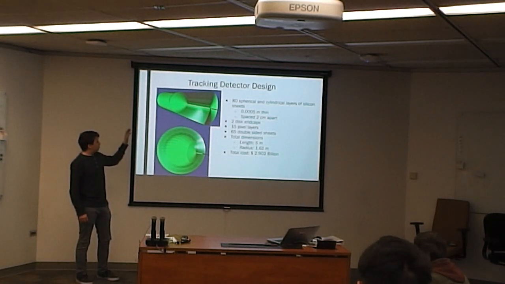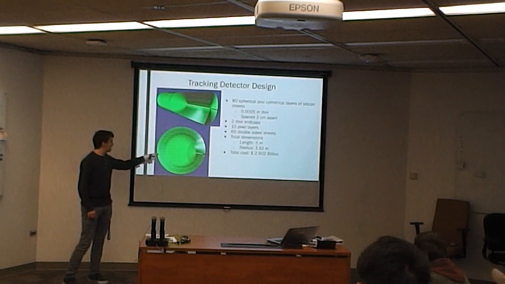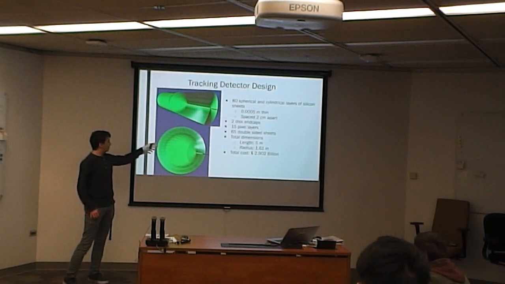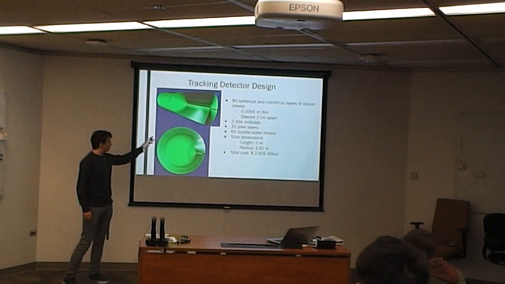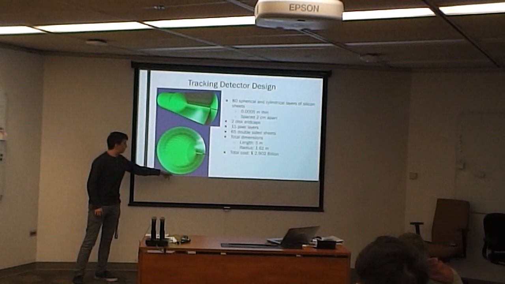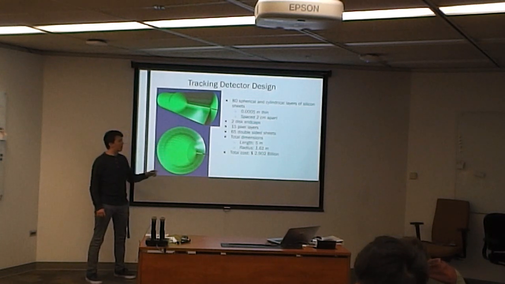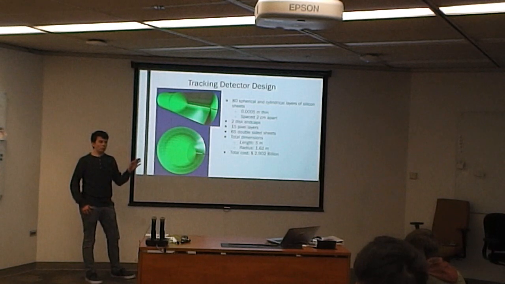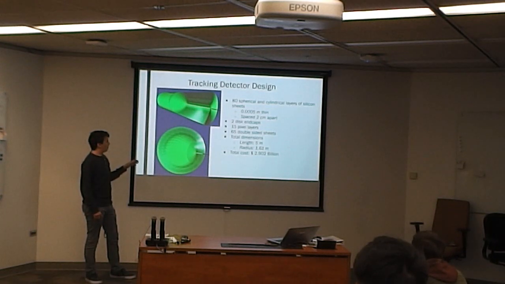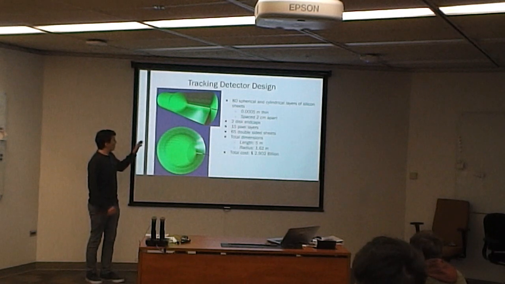Then, the reason we have a sphere around here is because as the particles come out from the collision, they'll pass very directly through these sheets if they come out here. But as they come out along the beam pipe, which for this experiment we wanted to measure very precisely, we have it pretty long.